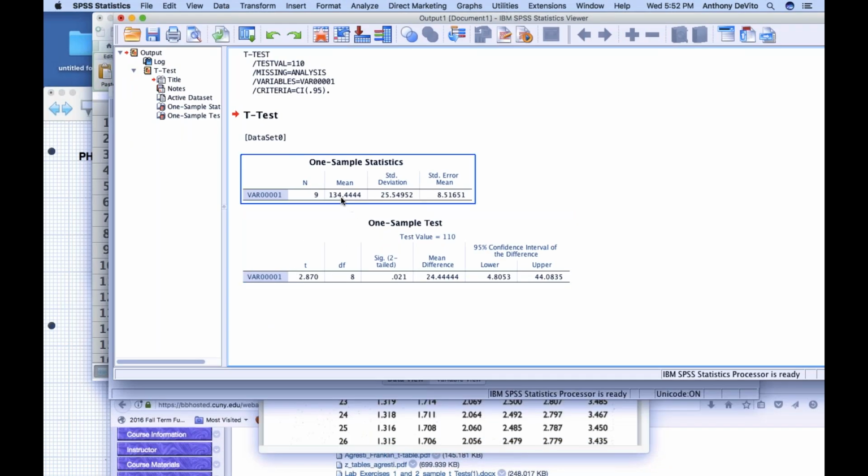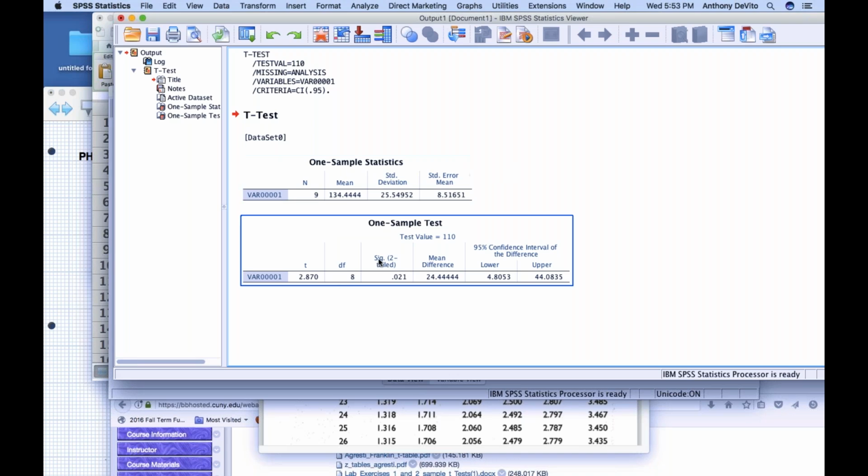And in fact, we see the mean that we calculated from the sample. That's the standard deviation, and that's the standard error that we calculated manually. So SPSS then takes that 134, subtracts it from the 110, which is the mean of the population we're comparing it to, divides it by the standard error, and gives us a t-score of 2.87, just like we calculated just now. Degrees of freedom are equal to 8.